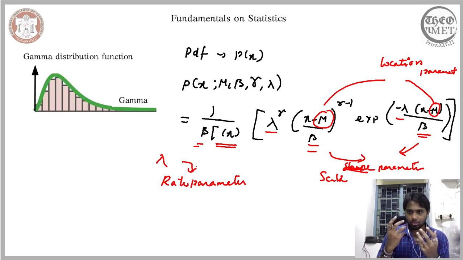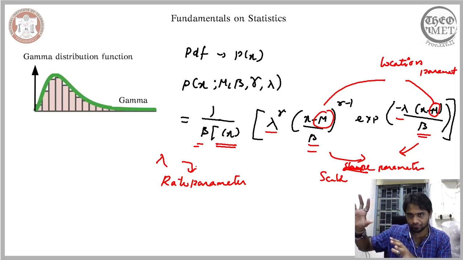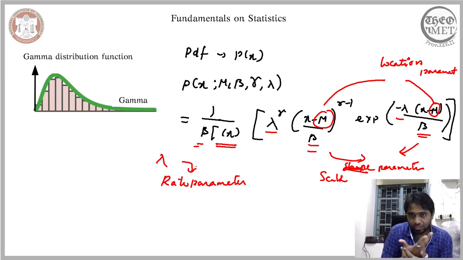So the three parameters involved in the description of the exponential function are also involved in the description of the gamma distribution function. In the exponential distribution function, there are three key parameters: location parameter, scale parameter, and the rate parameter. The location and the scale can be compromised, and the principal factor that governs the trend in the exponential function is the rate parameter.